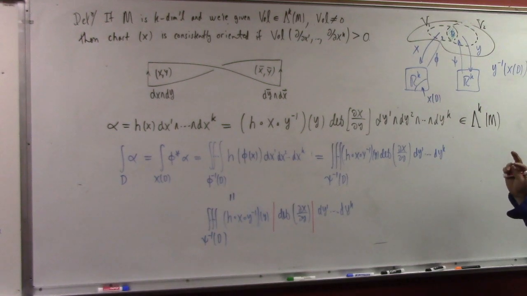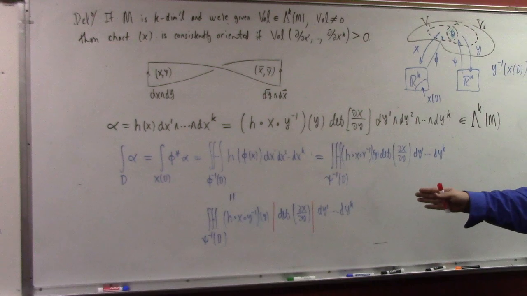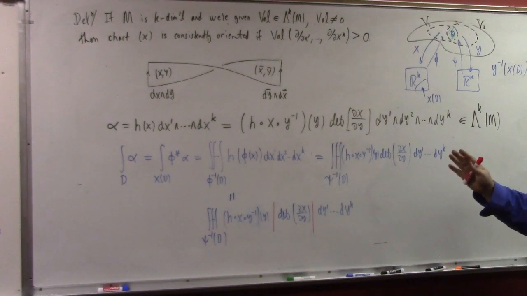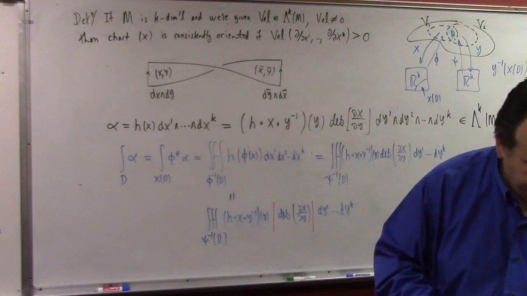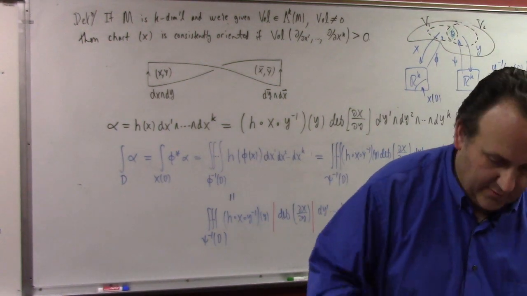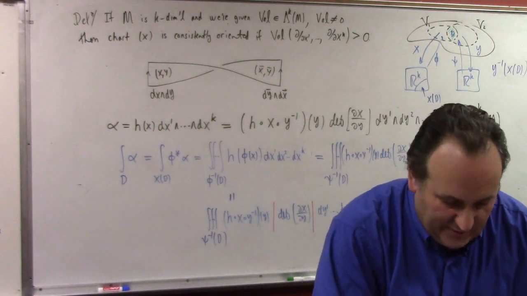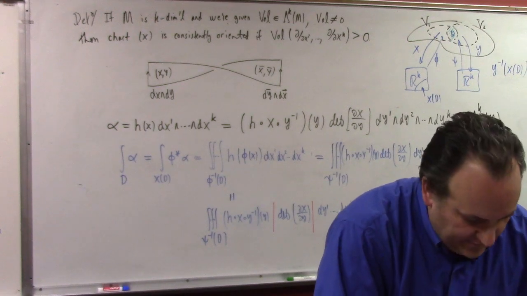So your integration theory becomes unstable if you don't use consistently oriented charts. That make sense? That's why it matters. Because we're up against the change of variables theorem, and we have to be consistent with it. In order to be consistent with it, we must choose one k-form to bind them all. Or you have to be sneaky and do something that I don't know how to do on a Mobius band, but I've heard about it. All right, so there's that.